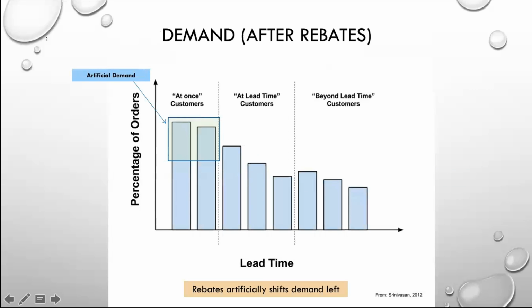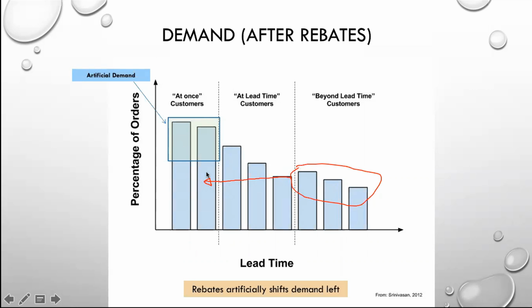So as you see here, the rebates artificially shift the demand left. So people who would have been in the beyond lead time area, I'm just going to do some highlighting. So the people who have been in the beyond lead time category over here would have moved their consumption to the left to buy it all at once.